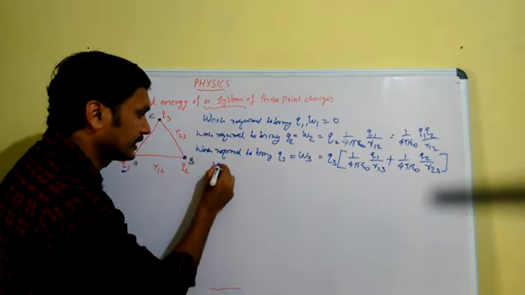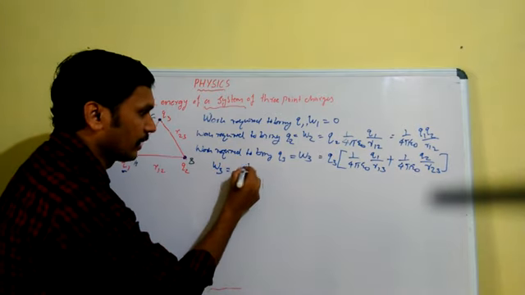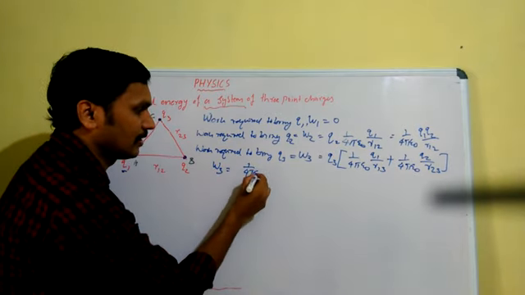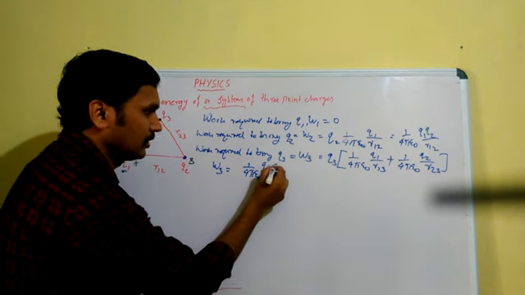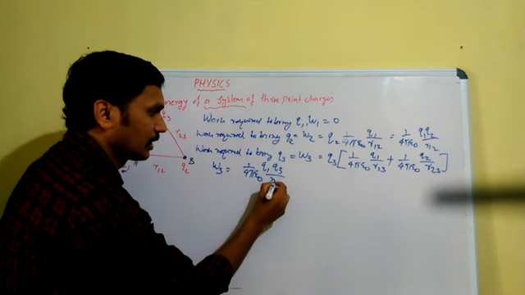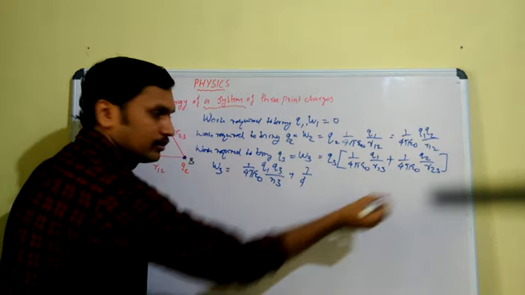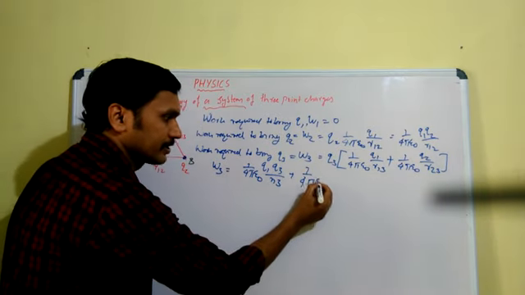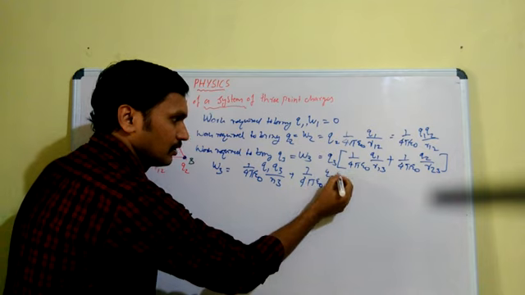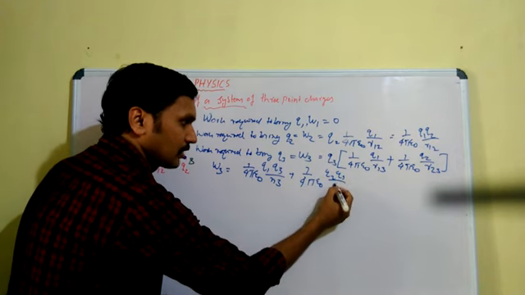Now we write W3 as 1 by 4 pi epsilon 0 Q1 Q3 by R13 plus 1 by 4 pi epsilon 0 Q2 Q3 by R23, multiplying by Q3.